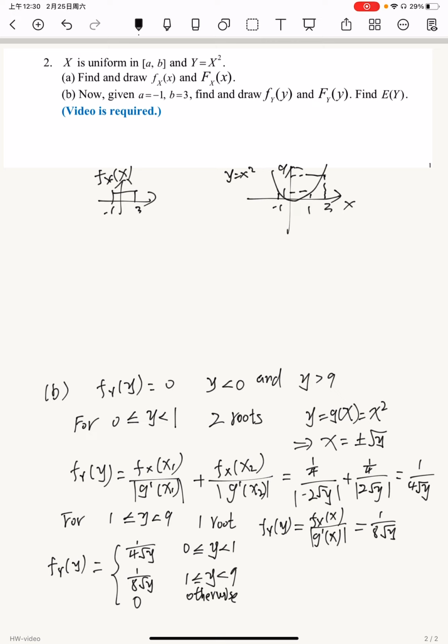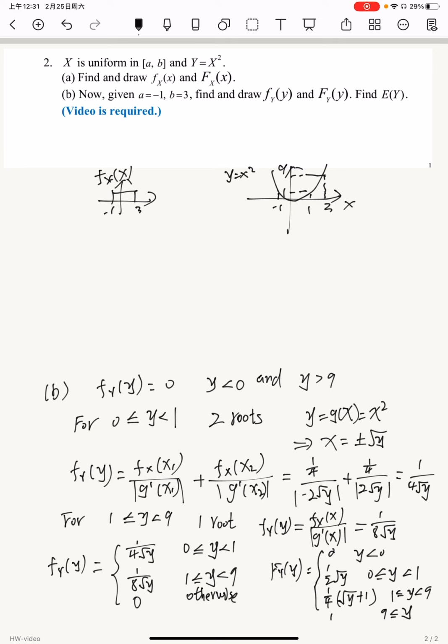So we know that capital F_Y equals 0 for y less than 0, equals root y divided by 2 for y from 0 to 1, and equals 1/4 multiplied by root y plus 1 for y from 1 to 9, and equals 1 for y bigger than 9.